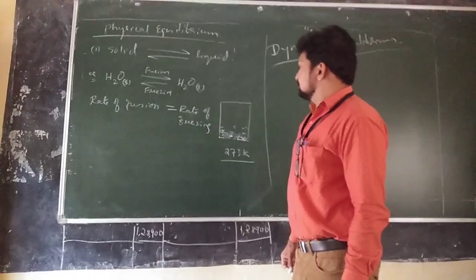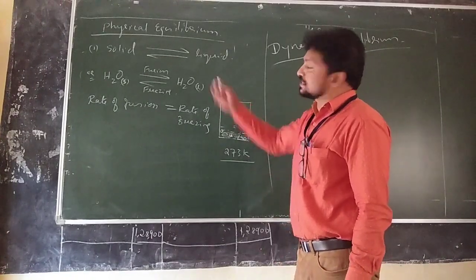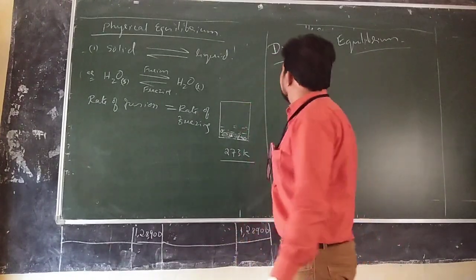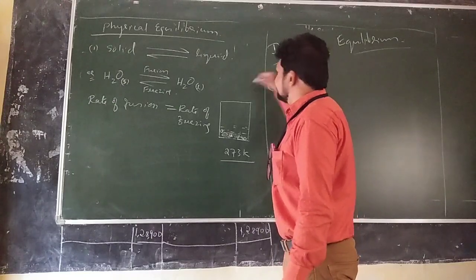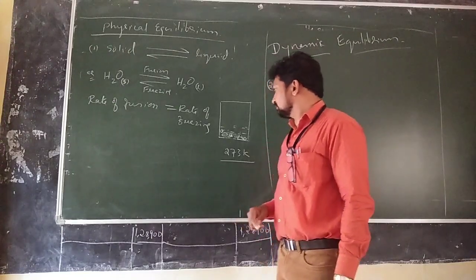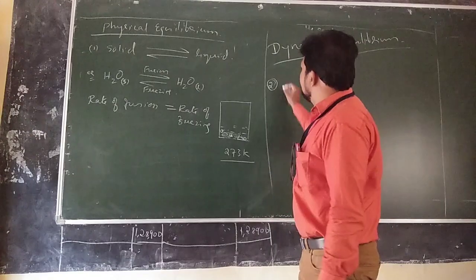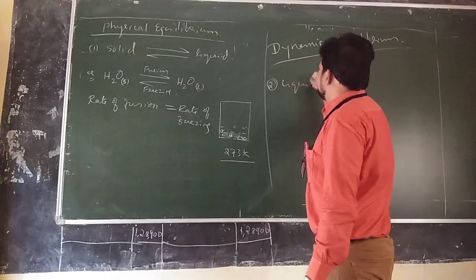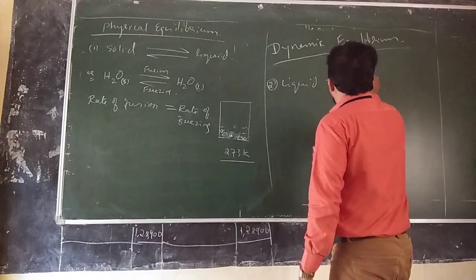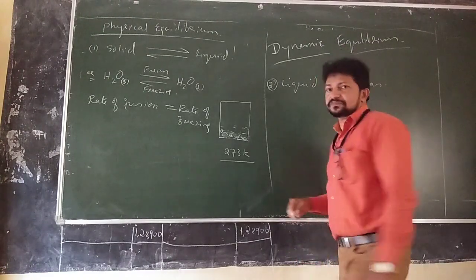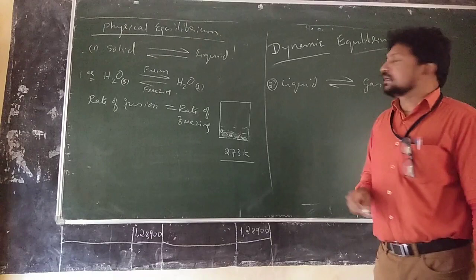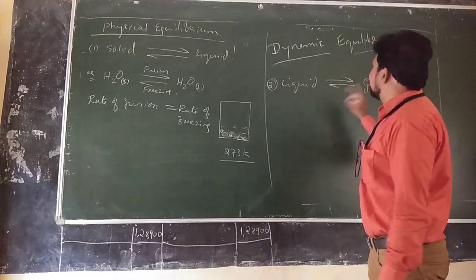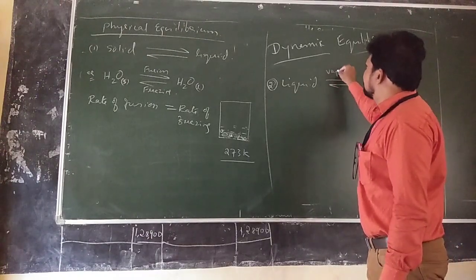Now, let us take another example for physical equilibrium. Second one. What is that? Liquid to gas. Liquid becoming gas, this you can call as vaporization.